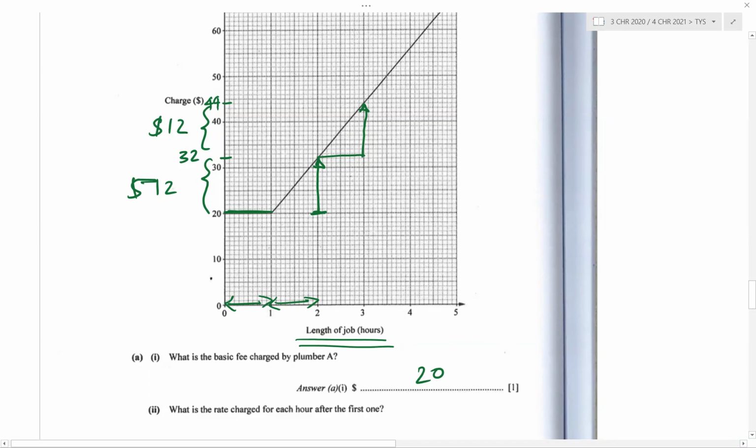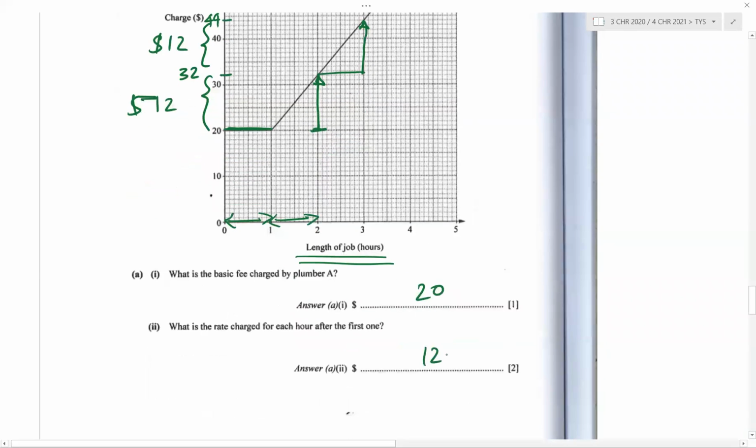So in summary, if you want to engage plumber A, first hour, $20. Subsequent hour, $12 per hour. That's his charge. So $12 per hour. How did we get that?